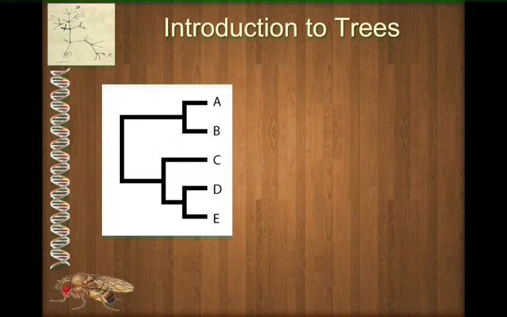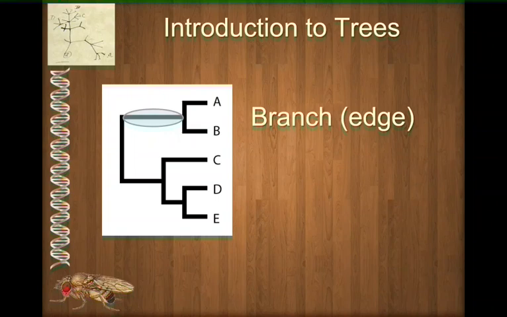Okay, so again, we're going to go back to our very simple phylogeny here. The internal lines are called branches, sometimes mathematically called an edge. There's a branch of mathematics that actually works on understanding and diagramming and analyzing these types of diagrams and relationships.